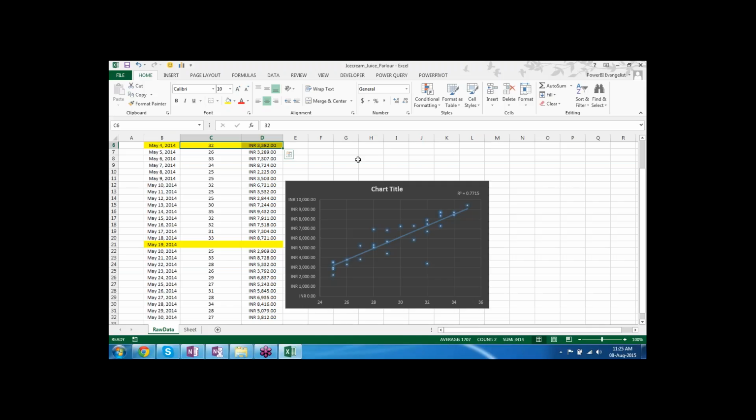So I said, fine, I'm sorry to hear that, but also I'm sorry to say that I cannot consider this data also for my analysis because this is also an outlier. This was affected by a petrol bunker strike, not by temperature. So we have to remove that.